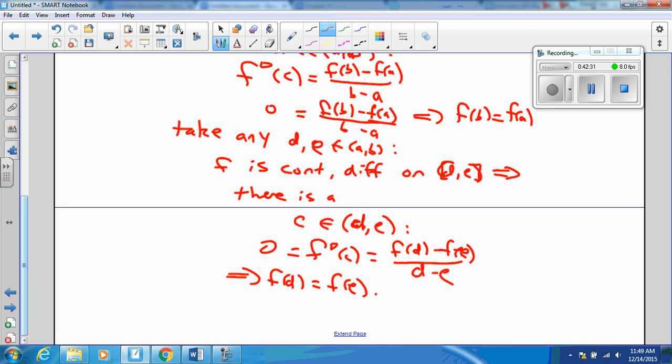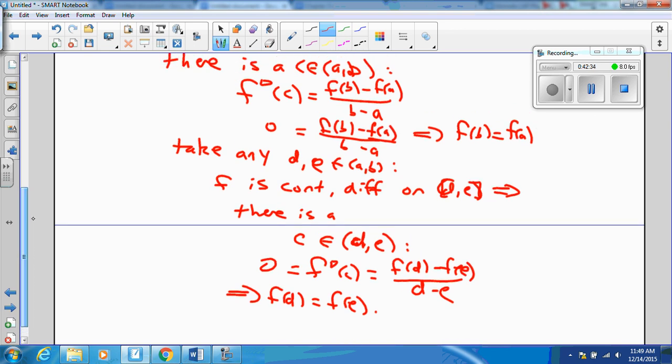And what does that mean? That means that f of D has to equal f of E.